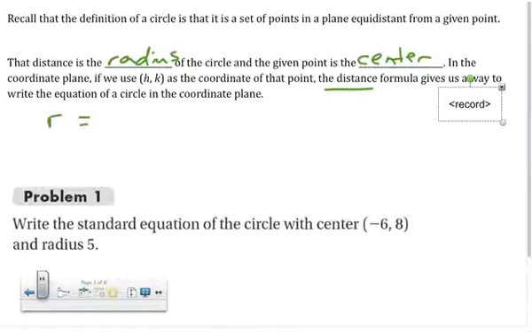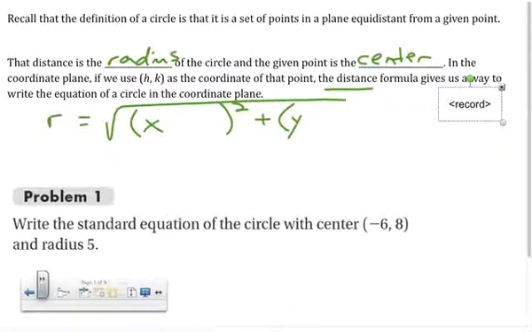Okay, so the radius is the distance between any point on the circle, we'll call those the x and y, and the center of the circle, which we will call h, k.